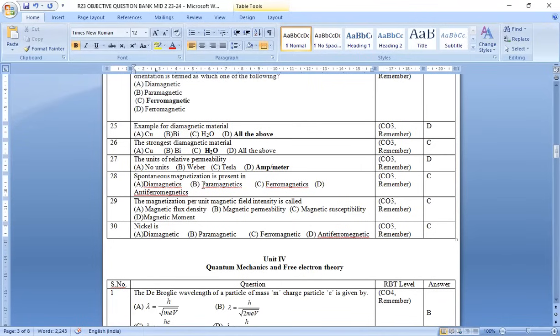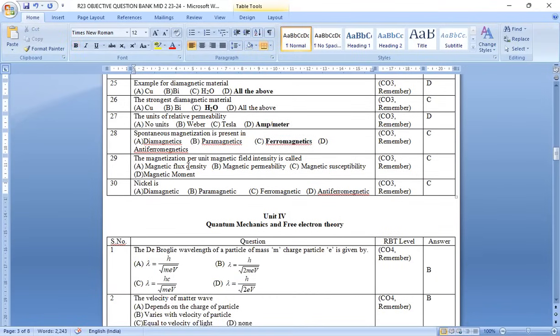And then spontaneous magnetization is present in option C, ferromagnetics. Exactly correct. The magnetization per unit magnetic field intensity is called magnetic susceptibility, option C, the correct answer. Nickel is ferromagnetic. Option C is the right answer.